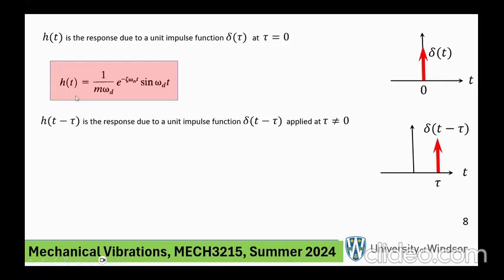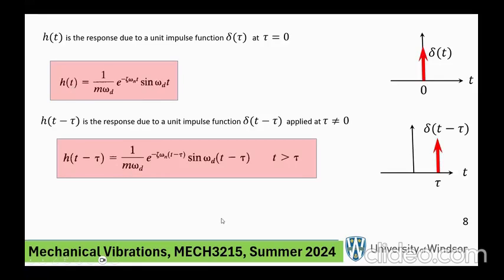So another way of looking at this is saying that h of t minus tau is the unit impulse response because of the delta function acting at tau at time t equal to tau. The solution to this is the same expression, except that t is replaced with t minus tau. Just think about it, and it makes sense.